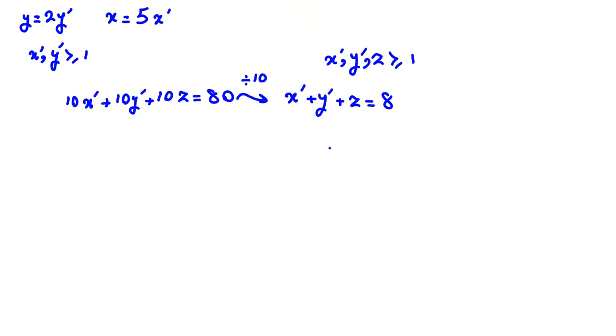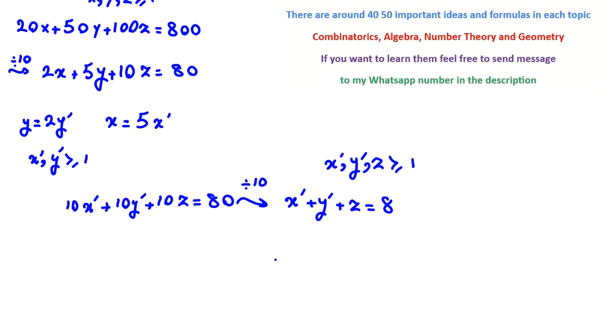Now I will tell you 2 ways, one professional way, and one way only using casework. If I want to use casework, I say, okay, if x prime is 1, then the sum of the others will be 7. So it will be 1, 6; 2, 5; 3, 4; 4, 3; 5, 2; 6, 1.